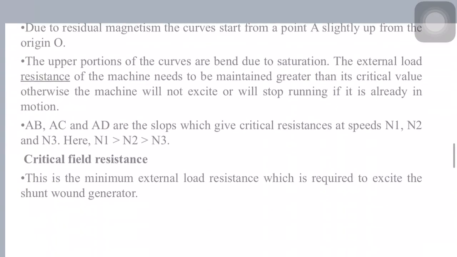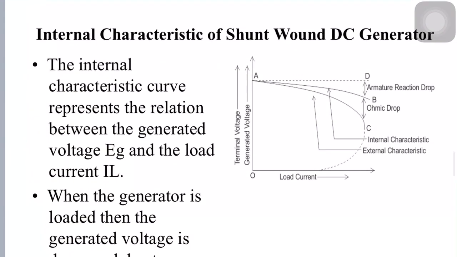Okay, next one, internal characteristics of shunt wound DC generator. The internal characteristics curve represents the relation between the generated voltage EG and the load current IL.